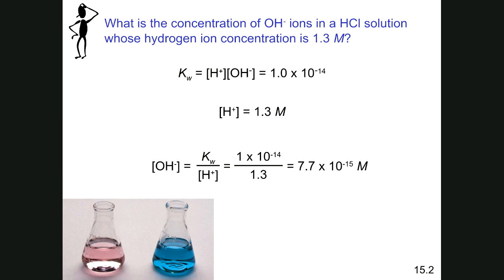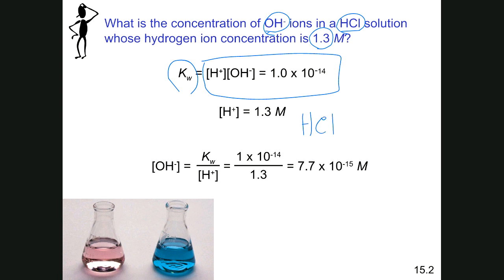If the concentration of HCl is given to us and we try to find the concentration of OH minus, we are using the Kw, and the concentration of H plus we assume to be 1.3. Why? Because you probably know already, and will learn more about it in this chapter, that HCl is a strong acid and is going to dissociate 100%, giving H plus and Cl minus.